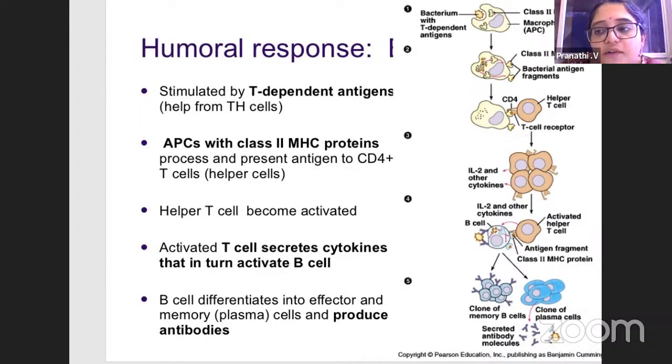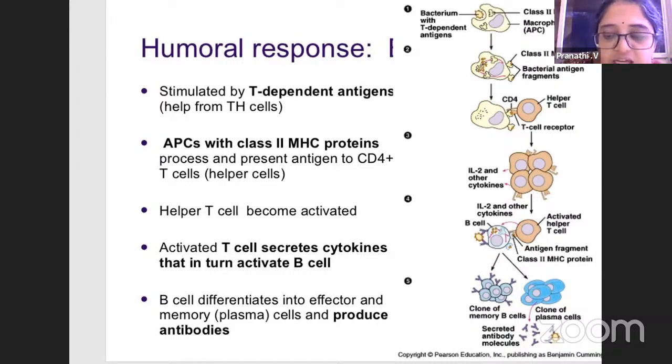So your T cells are of three types. T helper cells will be there, T suppressor cells will be there, and T cytotoxic cells will be there, depending upon the function. So antigen presenting cells will take the antigen and present it to the T cells.